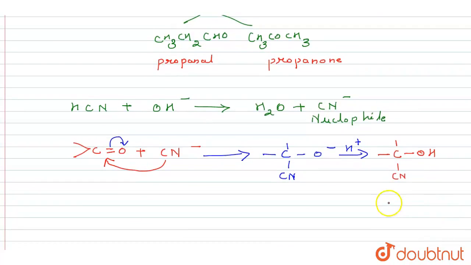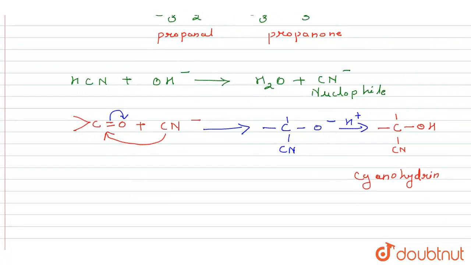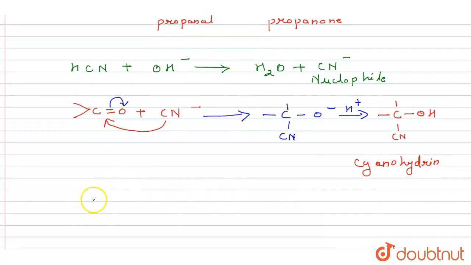So this is the structure of cyanohydrin. Cyanohydrins are useful compounds in organic synthesis. From these many other organic compounds can be prepared, such as alpha hydroxy acids, alpha beta unsaturated acids, amino acids.